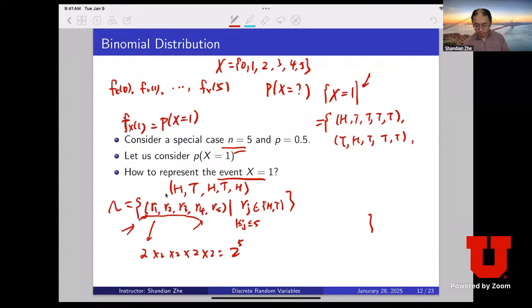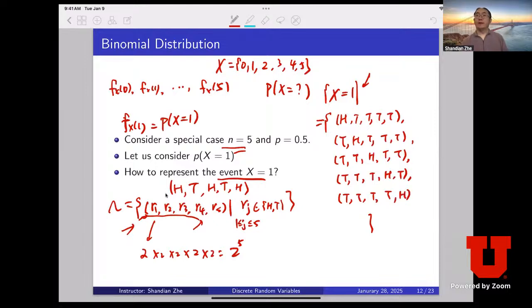Or the first two are tails, the third one is head, and the remaining are tails. Or the first 3 are tails, the fourth is head, and the last one is tail. Or the first 4 are tails, and the last one is head.